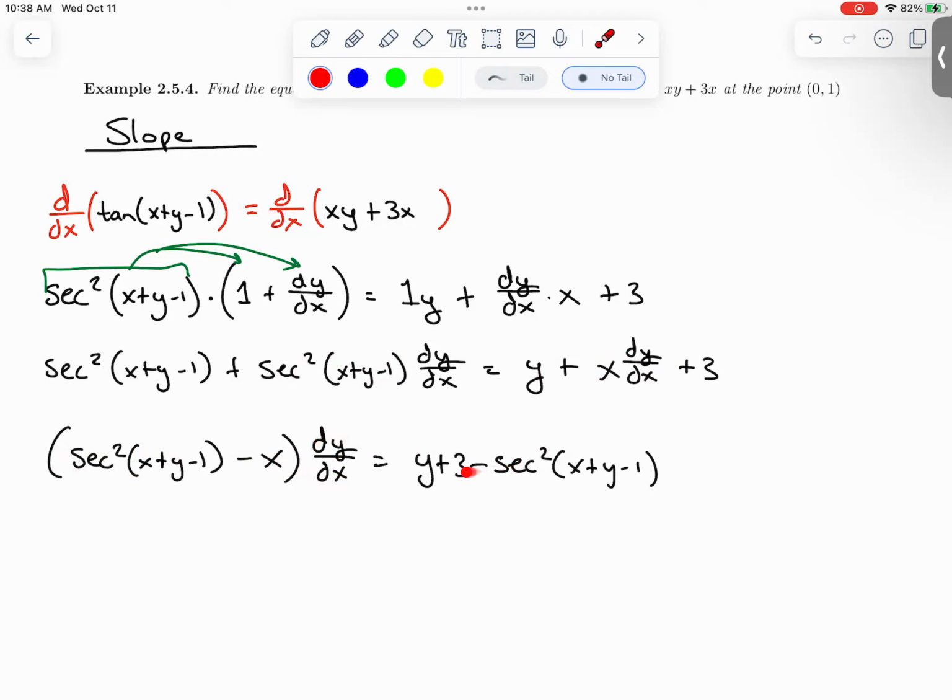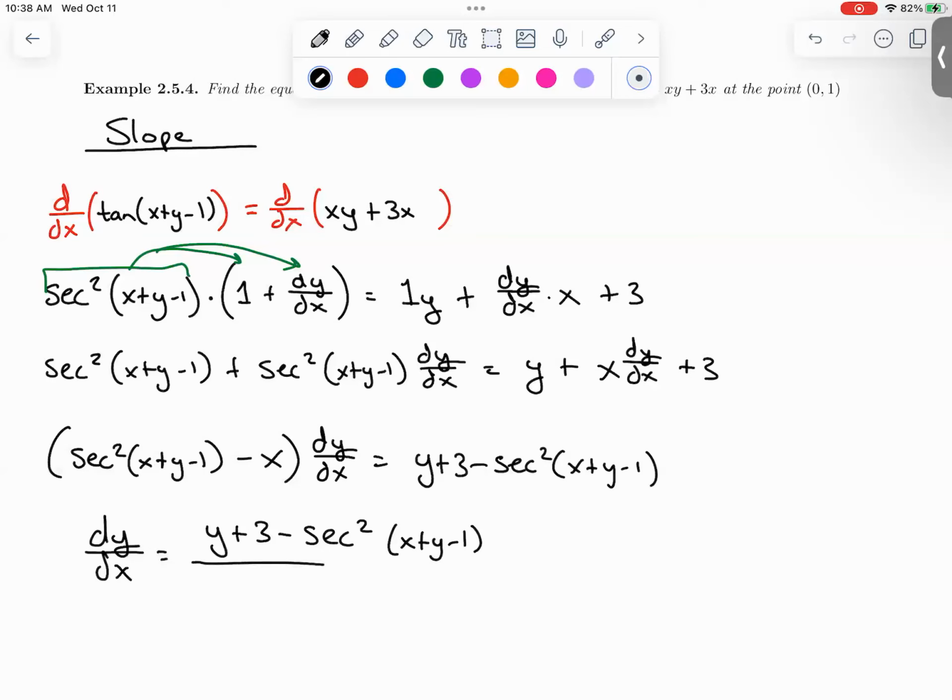Here, the y and the 3 stick around, and then I subtracted off this to bring it on the other side. That gives me, at the end of the day, dy/dx is equal to y plus 3 minus secant squared of (x plus y minus 1), divided by secant squared of (x plus y minus 1) minus x.